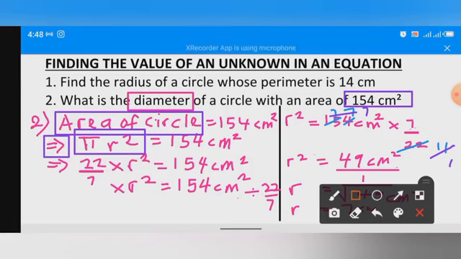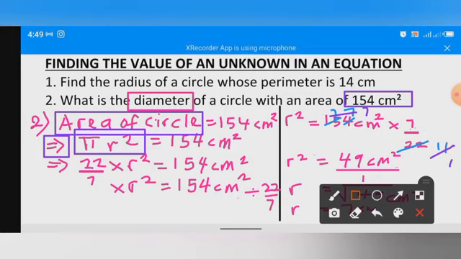Now we are looking for the diameter, right? But in this formula there is no diameter, we only have the radius.